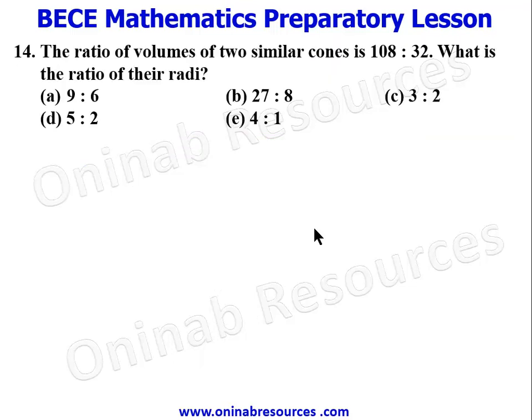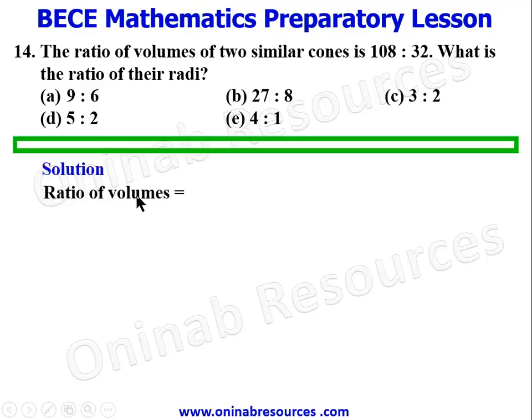We go to problem 14. For problem 14, the ratio of volumes of two similar cones is 108:32. What is the ratio of their radii? So here we are given the ratio of volumes to be 108/32. A ratio can be expressed as a fraction.